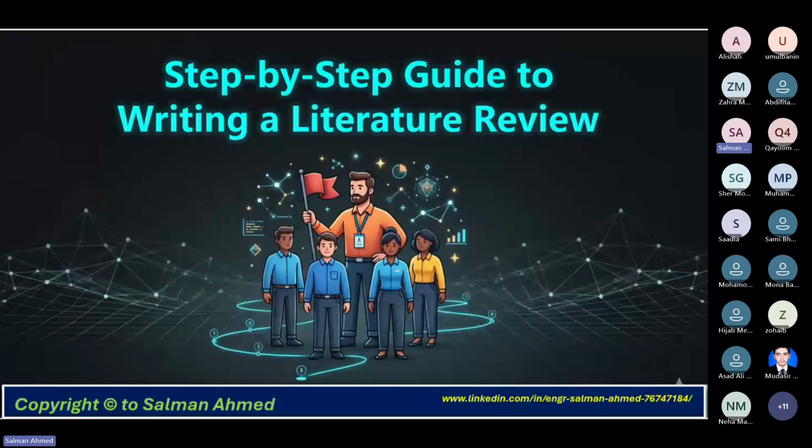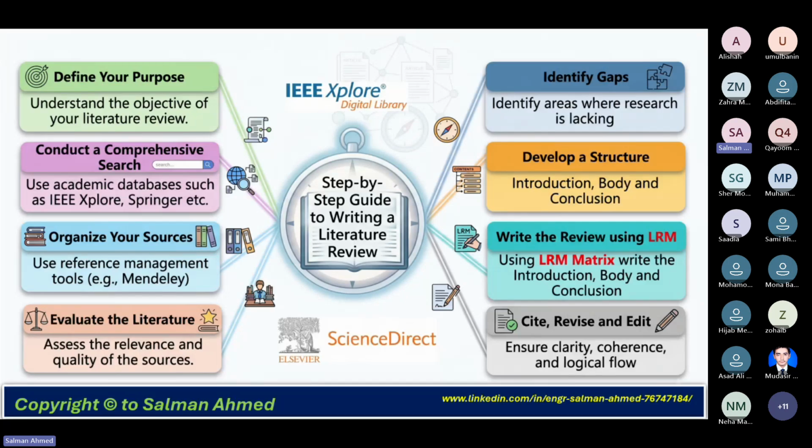Now we discuss the step-by-step guide to writing a literature review. When we are writing a literature review, the purpose should be clear: for what objective am I covering my literature. Then the second thing is that you should go for a comprehensive search. What does comprehensive search mean? It means you must not focus on only one database.